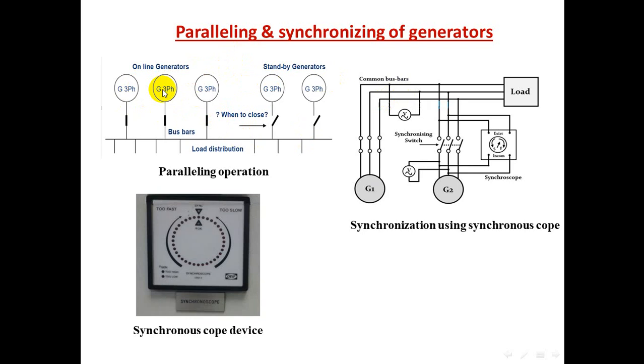No one generator is 360 volts and another generator is 220 volts, and another generator is 400 volts. No, the three generators must be at the same voltage.